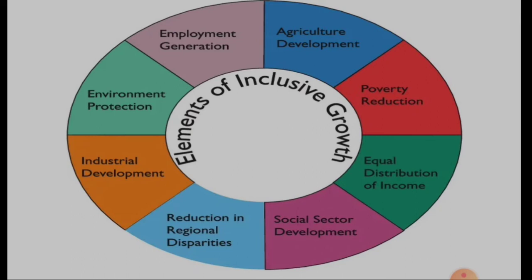It should not be that our generation only uses these resources and the resources get fully utilized and finished. So the future generations should also get the benefits of the resources which our country has.